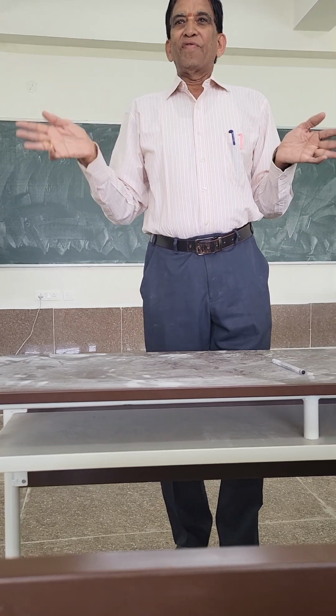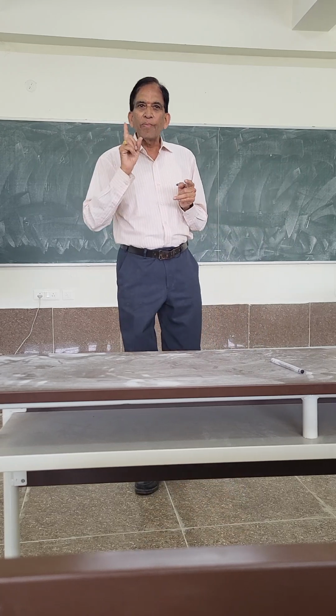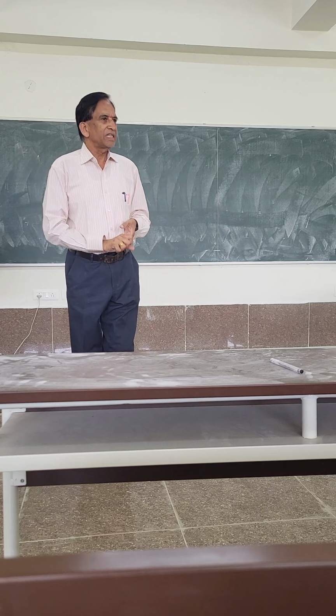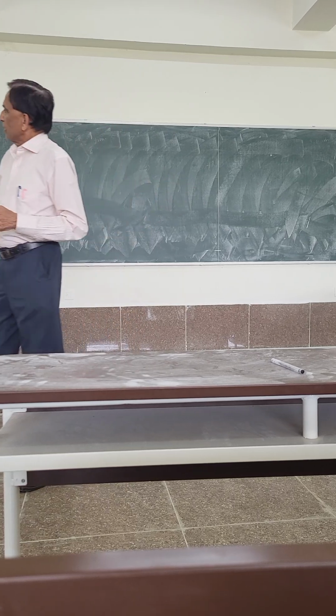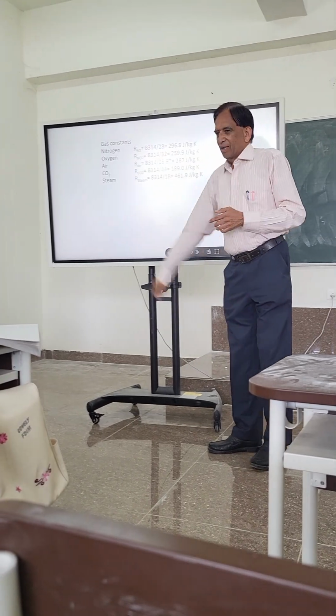So 8314 is not 8.314. 8.314 is only in joules per mole. Normally we use kilomole in our chemical calculations, so we stick to that one. So 8314 divided by 28, these are the numbers we get.